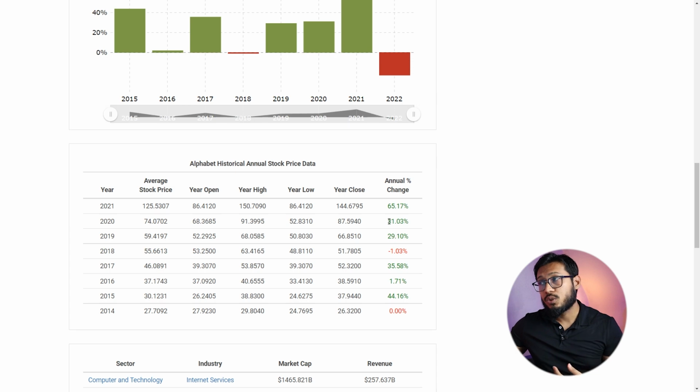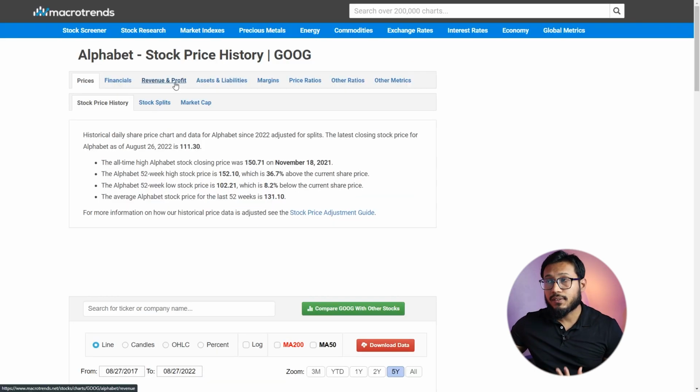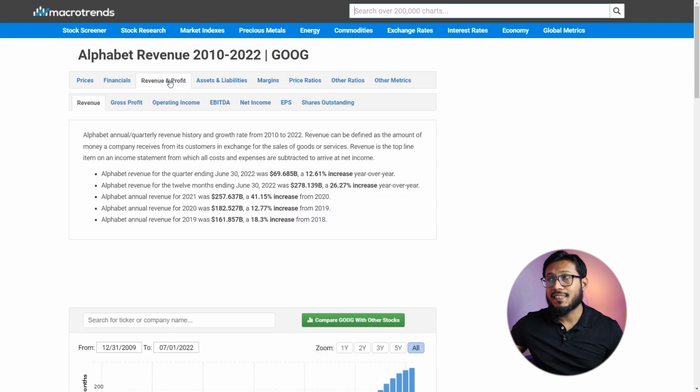Now in 2022, we see that there is a drop of 23.07%. This is not because of the company fundamentals changing, it's because of the macro situation in the market at the moment.